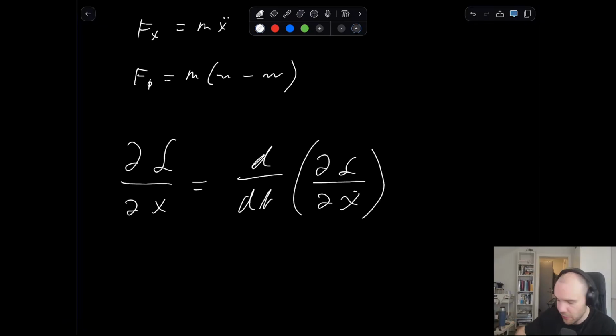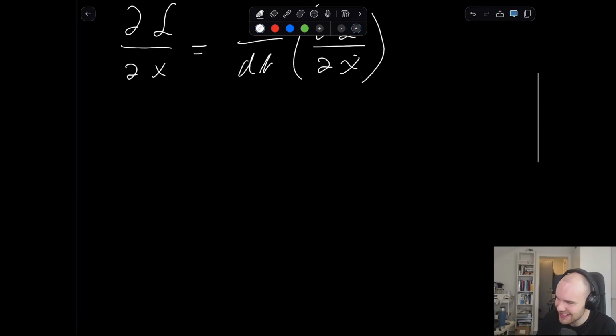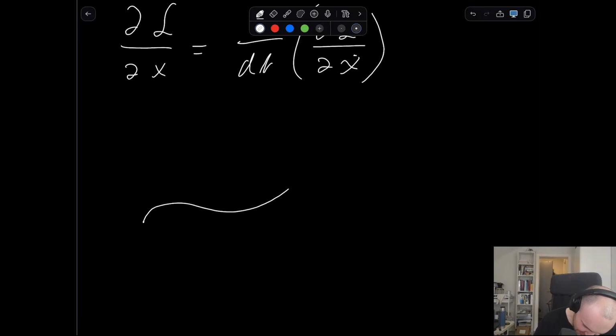And the second one, I did not state it entirely precisely last time. Say I had a path like this, but let's say I had a wire and I have a bead on the wire, like I said.